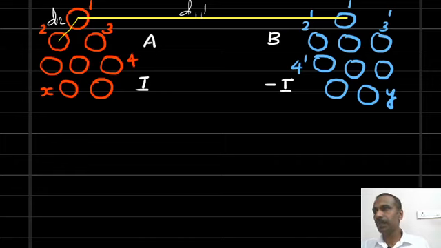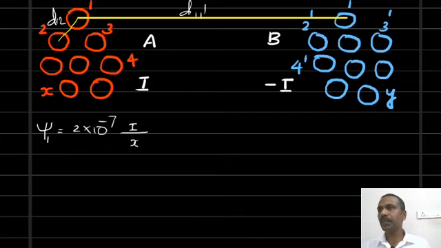So the flux linkage on the strand number 1 is equal to 2 into 10 raised to minus 7 into, what is the current flowing through the strand number 1? It is equal to I by X. We have total current of I amperes in the conductor A. We have X number of strands. So current through each strand equals I by X.